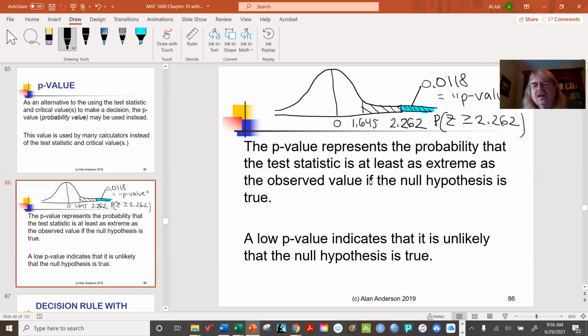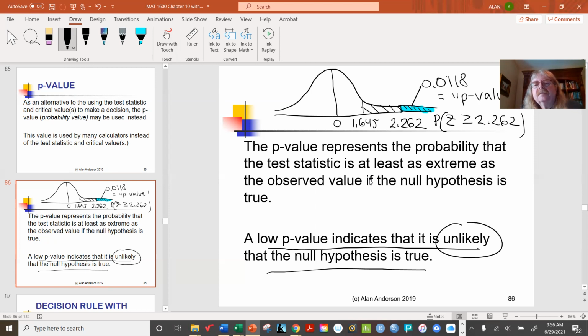Well, first things first, a low p-value indicates that it is unlikely that the null is true. Now, if you notice, the entire shaded region in my diagram is 5%, of which only 0.0118 is the p-value.